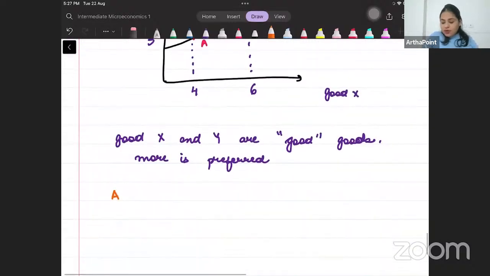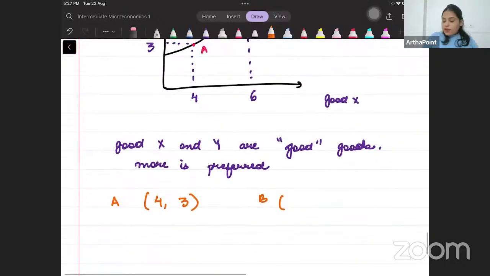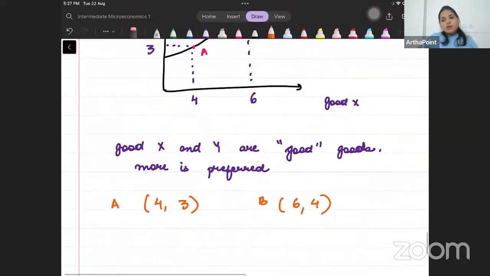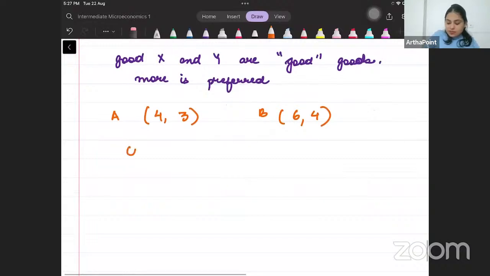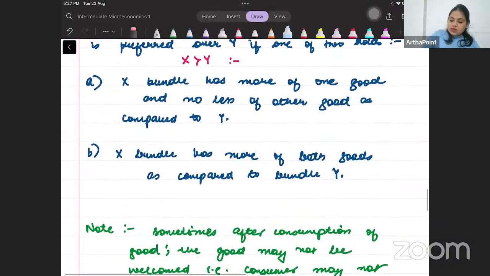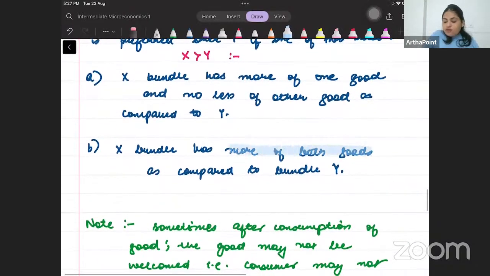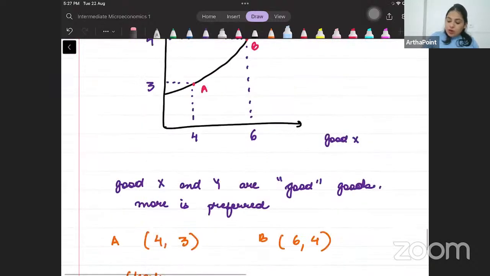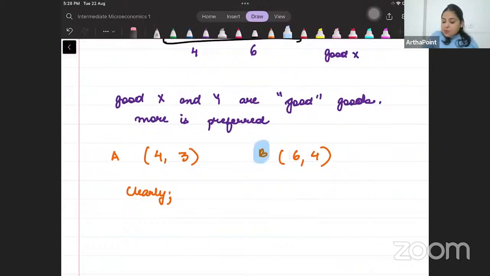Bundle A is 4,3. 4 units of good X and 3 units of good Y. Bundle B is 6 units of good X and 4 units of good Y. Clearly, if I go by the definition of monotonicity, it says if you have more of both the goods, you will prefer that bundle over the other bundle. So because bundle B has more of good X and more of good Y, B के पास X भी ज्यादा है और Y भी ज्यादा है, तो मैं B को A के ऊपर प्रेफरेंस दूंगी ना.